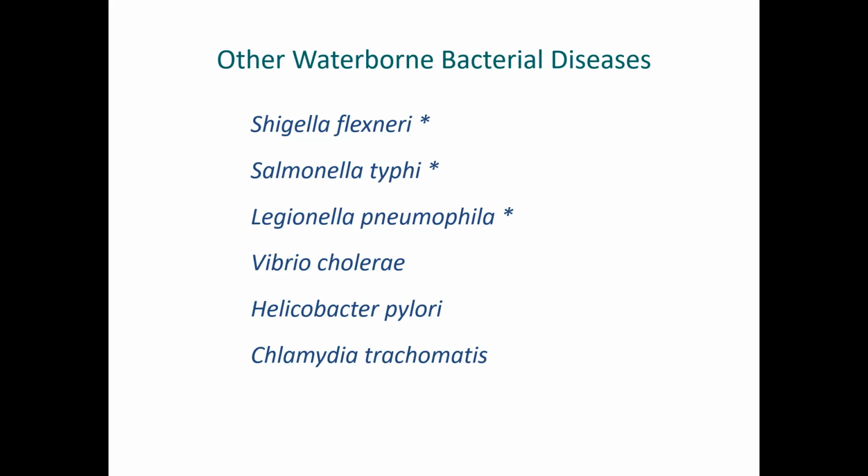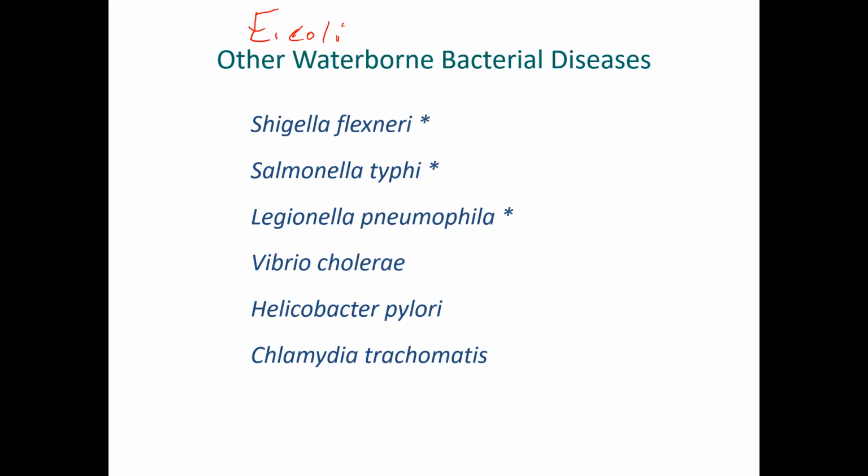Okay, so last day we were talking about waterborne diseases, and we started talking about the bacteria, and the big one on the list, of course, is E. coli. We talked about how there are some friendly E. colis and some pathogenic E. colis, and the pathogenic ones can cause diarrhea.